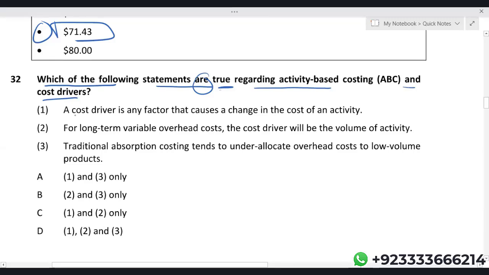Let's see. A cost driver is any factor that causes a change in the cost of an activity. Yes. Simply, they have written the definition of the cost driver. Second, for long-term variable overheads, the cost driver will be the volume of activity. Very true. Obviously, when the volume of activity changes, your variable overhead will change.